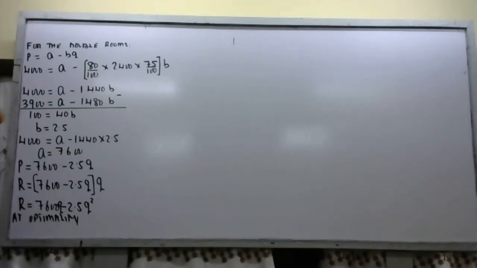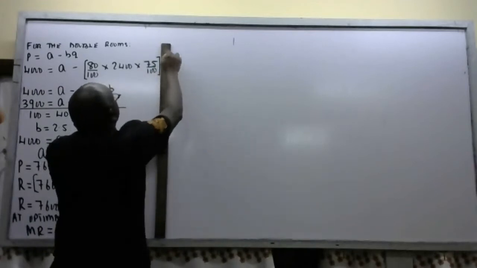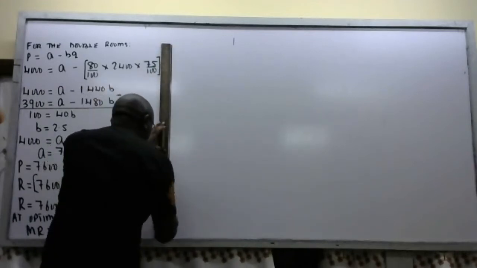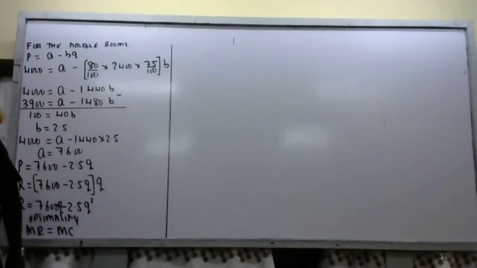And then we are saying at optimality, if you want to make maximum profits, that is possible when MR is equal to MC. Marginal revenue is equal to marginal costs. That's when you are in a position to make maximum profits.